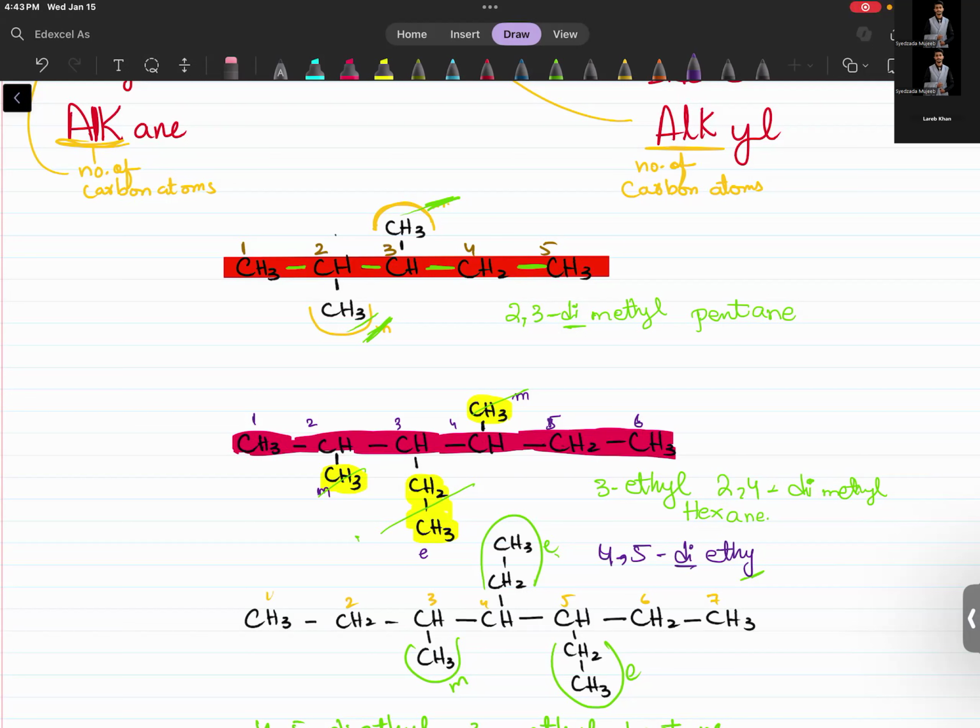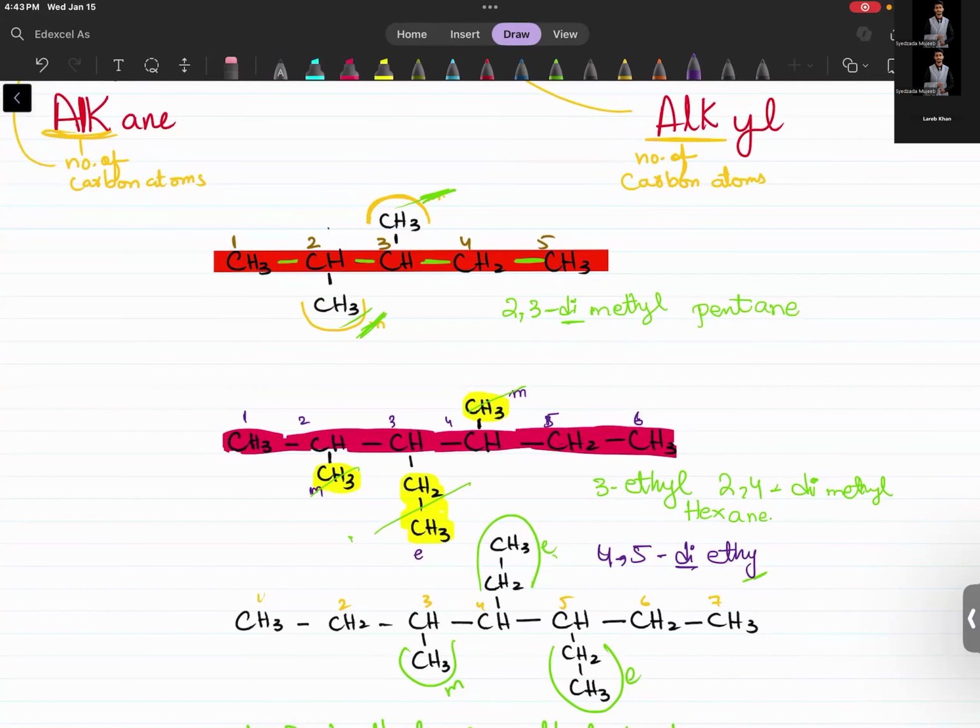Oh wait, I think I named diethyl wrong. 4,5-diethyl, then it will be 3-methyl. Okay, so at this point we are done with these side chains. Got it?